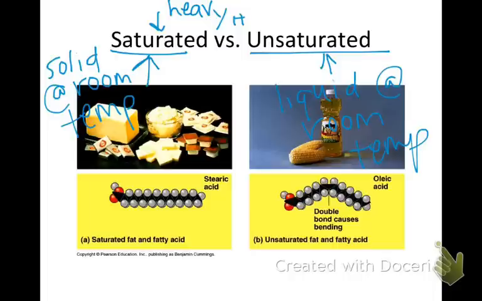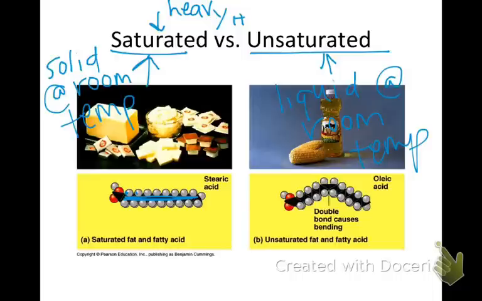It'll take a minute. So if we look at this molecule, remember all of these black molecules are carbon. All these little pearls are hydrogen. This thing is full of hydrogen. It is saturated. So remember, we said they're solid at room temp. Please highlight that they're usually associated with animals.